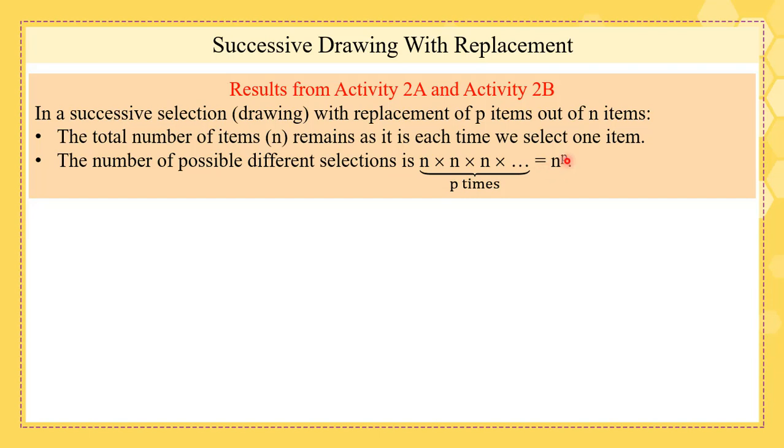So we have here, in fact, two differences between this case and the previous case. In the previous case, we saw that the total decreases by 1, whereas here the total remains as it is. And in the previous case, in the case of successively without replacement, we saw that the number of possible selections is an arrangement, whereas here it will be n to the power p.